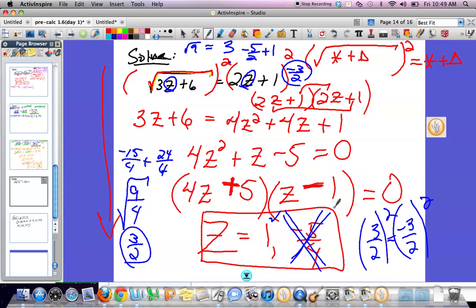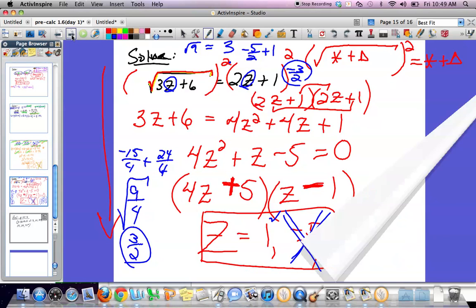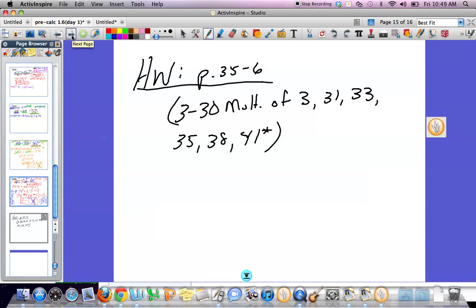Okay? Quadratics. All right, what we're going to work on is multiples of 3. I don't know if your teachers have given you assignments like this before, but 3 through 30, multiples of 3. That means 3, 6, 9, 12, 15, 18, etc. And then I added on another 5 problems: 31, 33, 35, 38. 41, I've starred, which tells me we're going to say that one's extra credit.